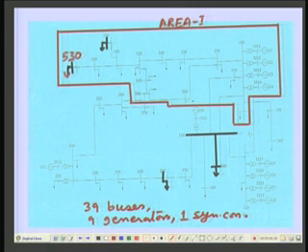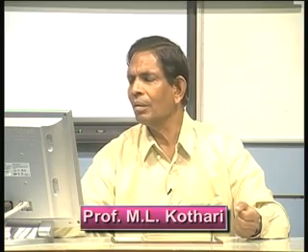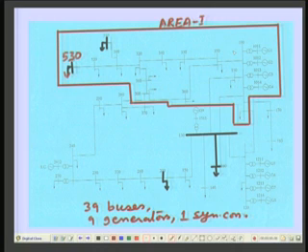The approach which has been considered here is that in this area 1, we increase the load in small steps. That is, at all the buses you increase the load in this area 1, and to meet this load we correspondingly increase the generation at all the generating stations in proportion to their sizes.